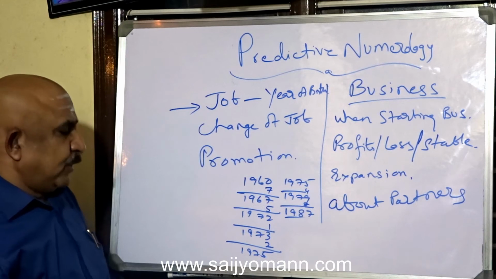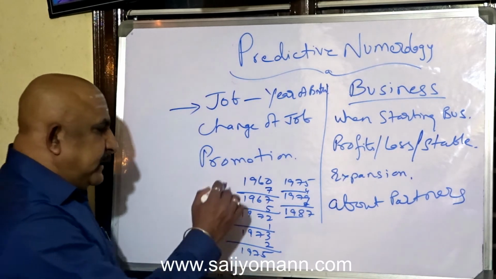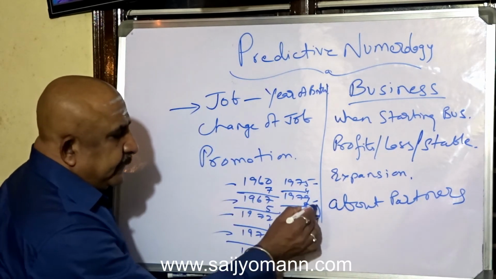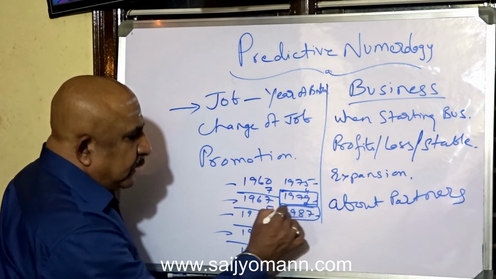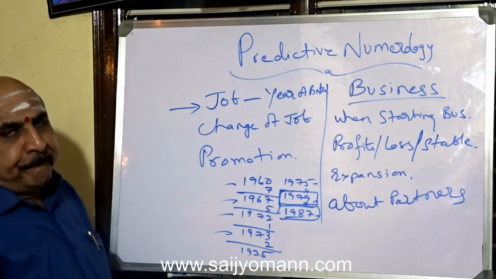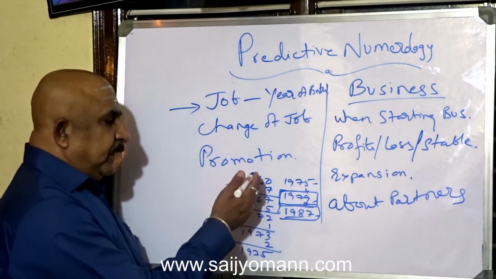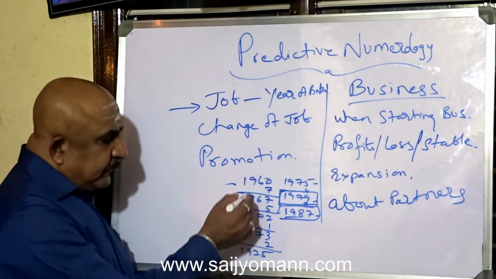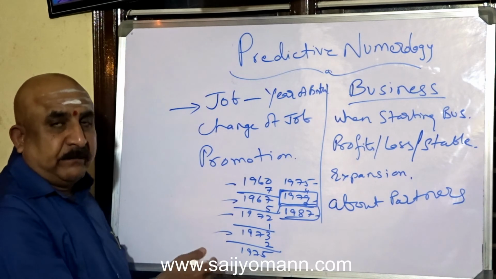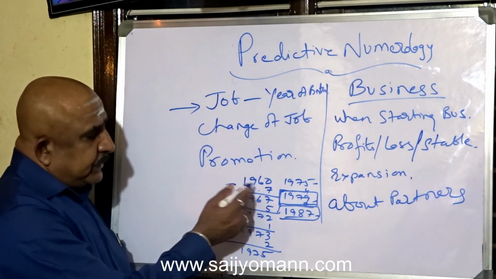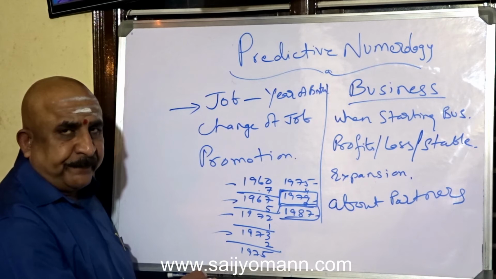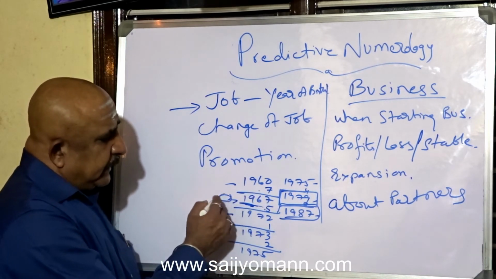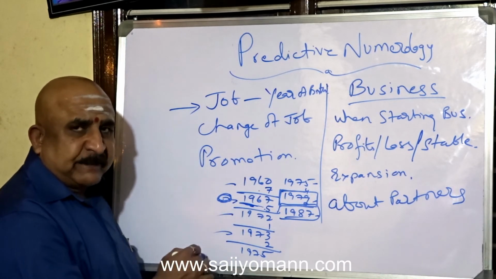So where will he get the job? In these years, 1, 2, 3, 4, 5, 6, 7. It comes up here. So in this block only he has to get it. Because I told you, the number of rotations you have gives you your movements. First rotation 7 years, it will be the same old period. Next, after 7 years, 5 years, that will be about other things. Second aspect.